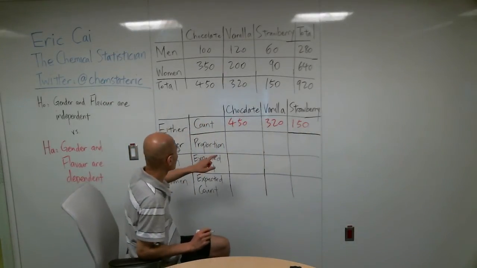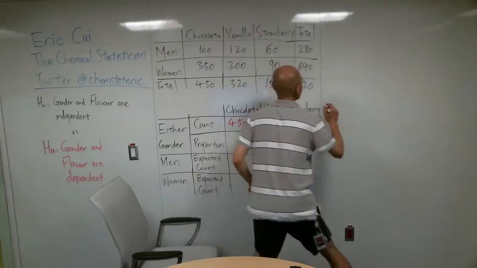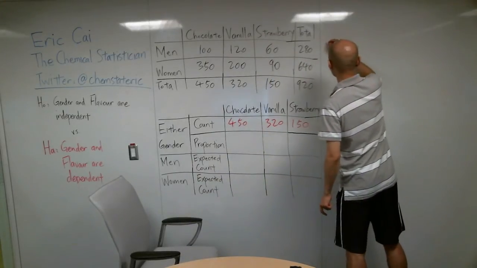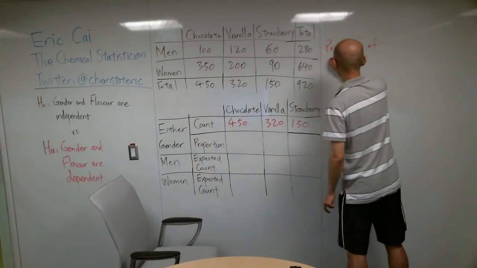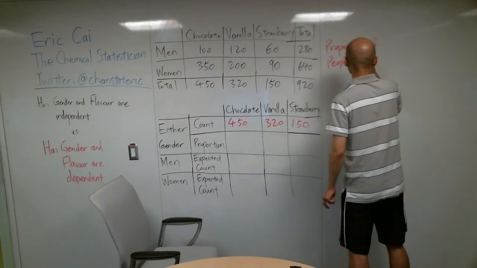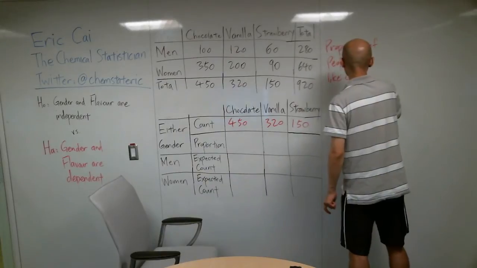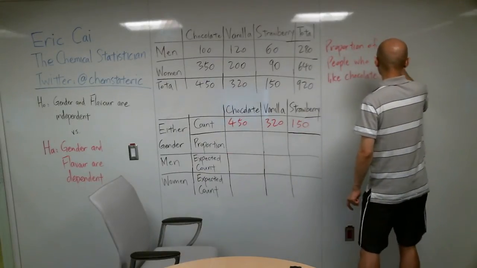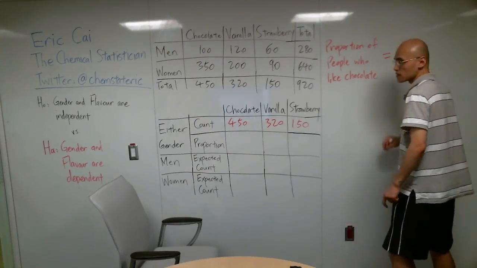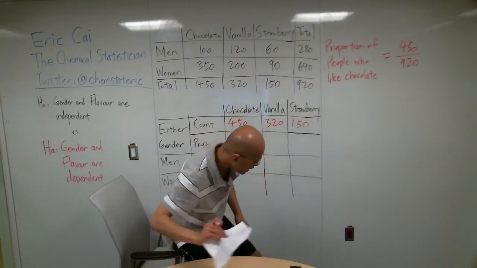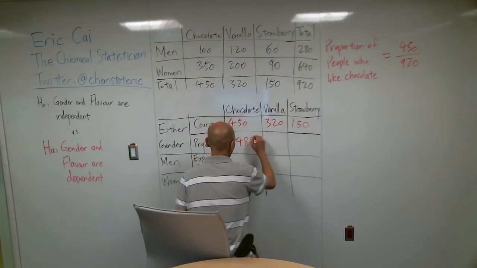So to calculate the proportion of people who prefer chocolate, I just have to go 450 divided by 920. I've calculated that ahead of time. This is equal to 0.489.